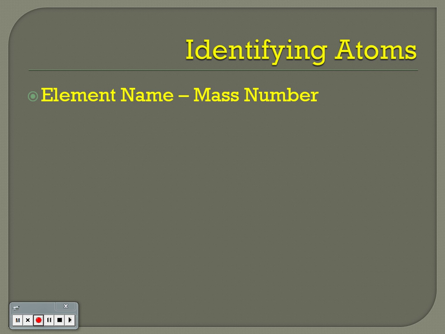Notice your outline for number 8 says identifying isotopes. I want you to change that to say identifying atoms. There are 2 ways that we can identify an atom. The first involves a name and a number. And so you can see up here it says element name dash mass number.